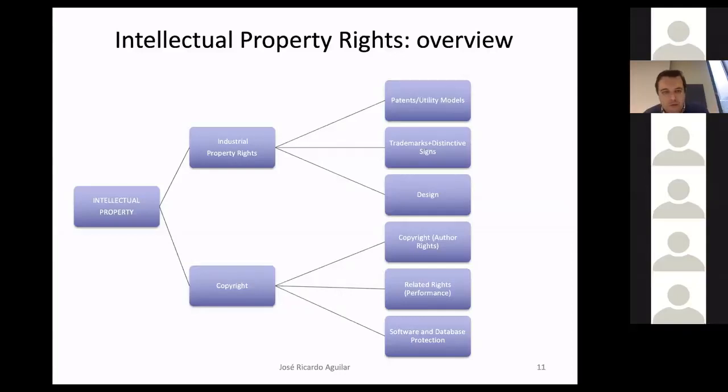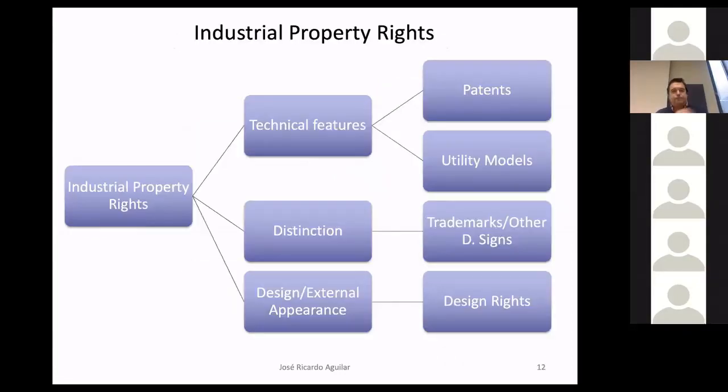So with regard to industrial property rights, we have the protection of technical features, namely inventions. So a technical solution for a given technical problem. And we can use patents, patent applications, and utility models. Then the protection of the distinctive character of a sign, of a given sign, of a brand.